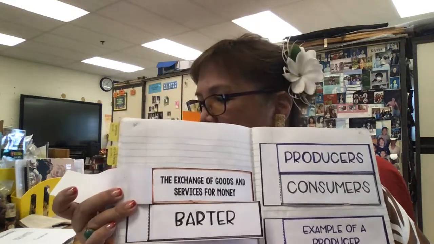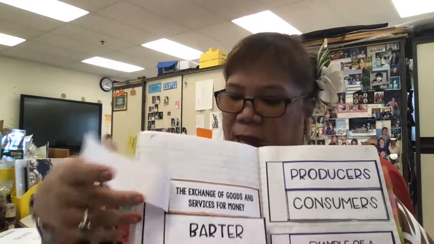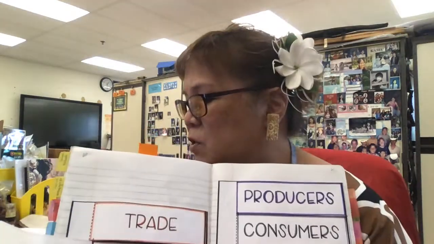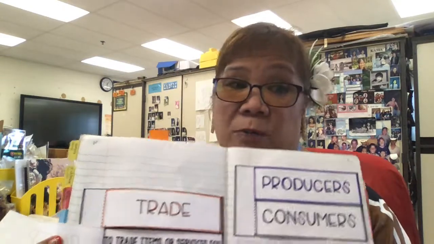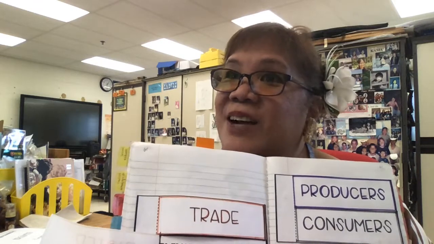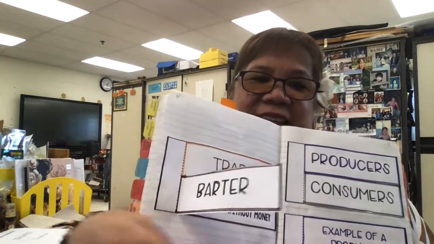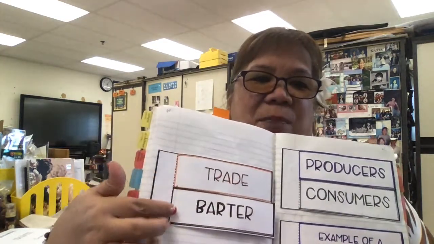Whereas barter is to trade items or service for other items without money. For example, if I ask Ezra, I'd like to barter and trade my tuna sandwich for your egg salad sandwich, that's bartering, trading my tuna for his egg. So trade and barter with the definitions underneath.